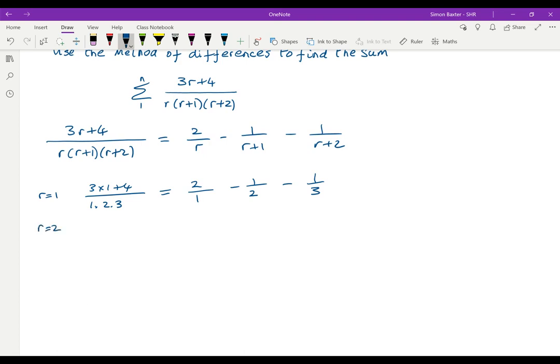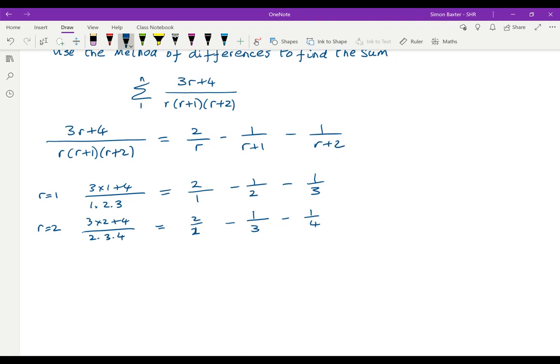R equals 2. 3 times 2 plus 4 over 2 times 3 times 4. 2 over 1 minus 2 plus 1 is a 3, and 2 plus 2 is 4. Don't do the sort of cancellation type of work. Sorry, I should have written 2 over 2. 2 over 2, don't cancel that down as 1.